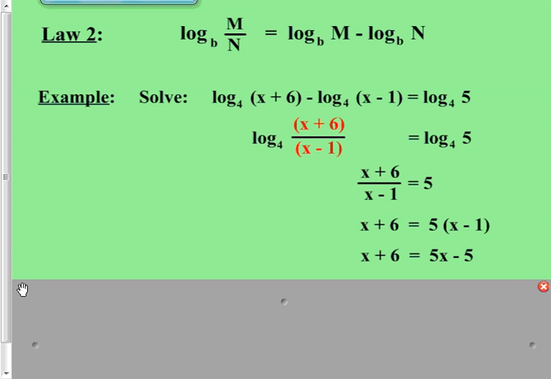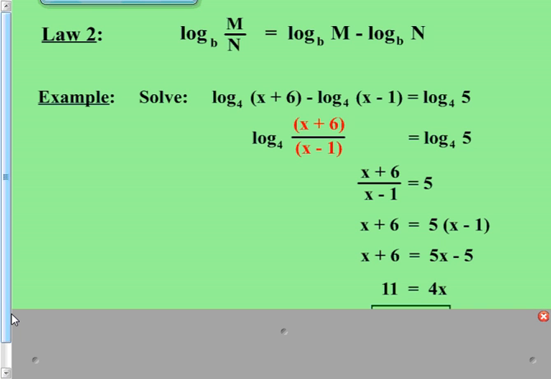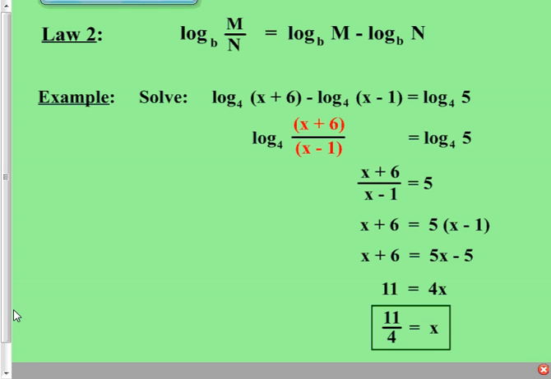So I'm going to be subtracting 1x over to the right and adding 5 over to the left. That gives us 11 constants on the left, 4 x's on the right, and of course you don't want 4 x's, you just want 1. So if you divide by 4, we're going to end up with an improper fraction or a mixed number or a decimal or whatever. Okay, but 11 divided by 4 is the value for x in this case.